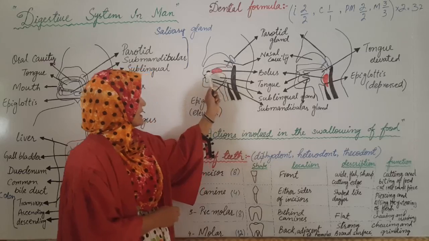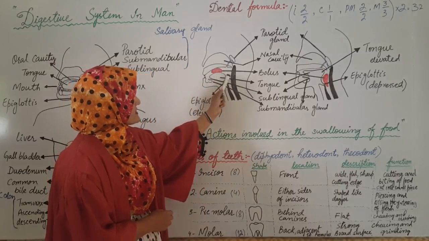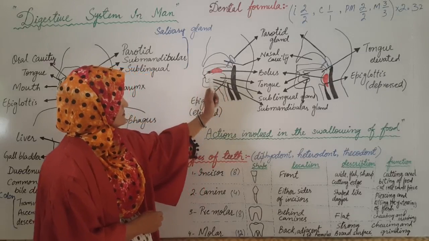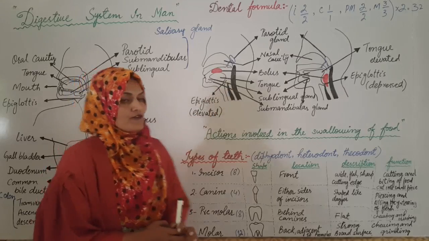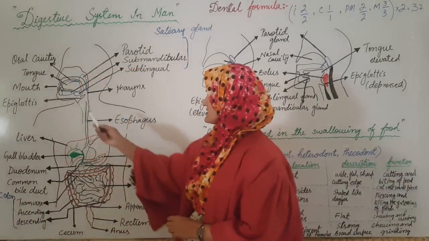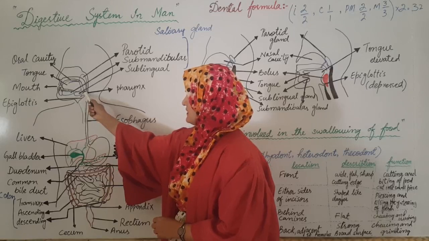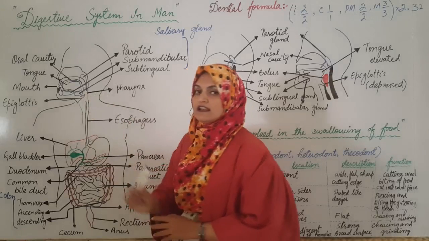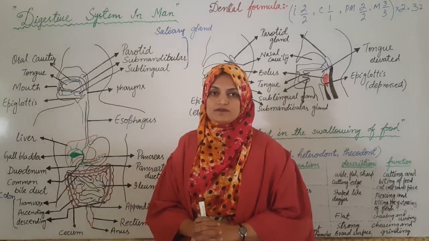This bolus is pushed inside the pharynx region. The pharynx region is the region present just behind the tongue, formed by the internal nasal cavity and ascending cavity.